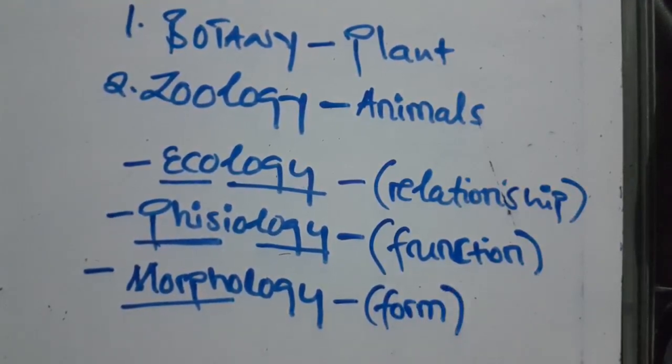Then logy means study. So in simpler terms, this branch of biology is just a study of the form or the structure of these living organisms. It tries to place a distinction between the plants, being living organisms, and the animals, being living organisms.